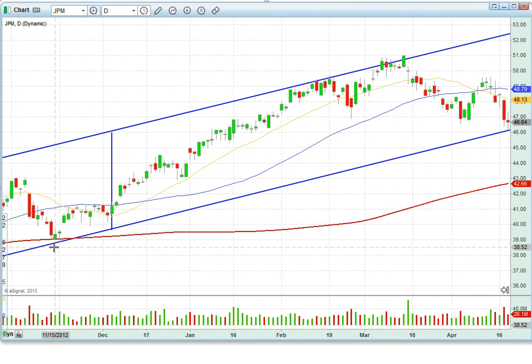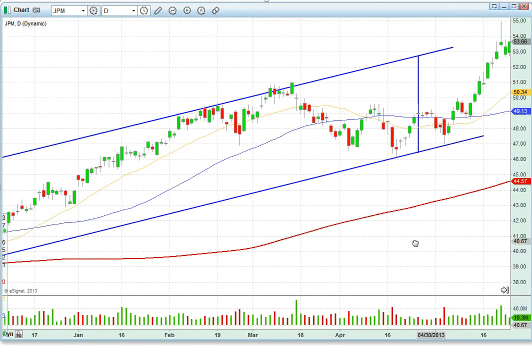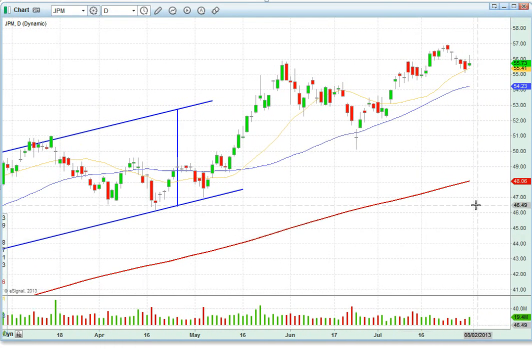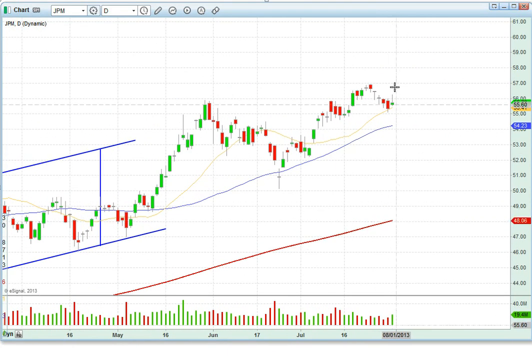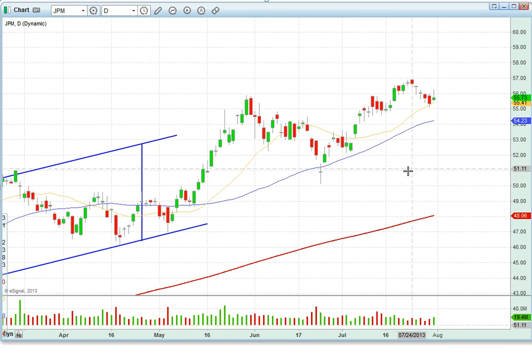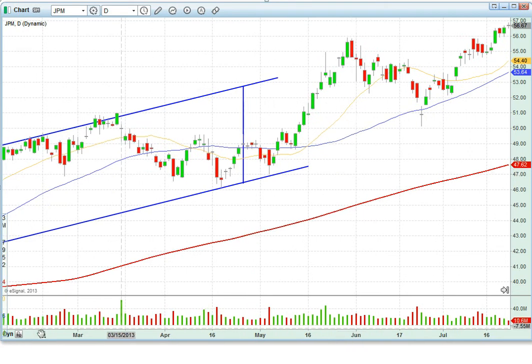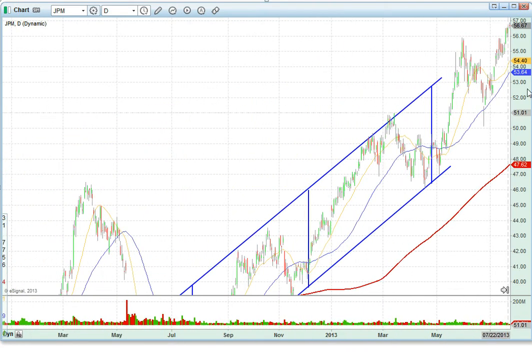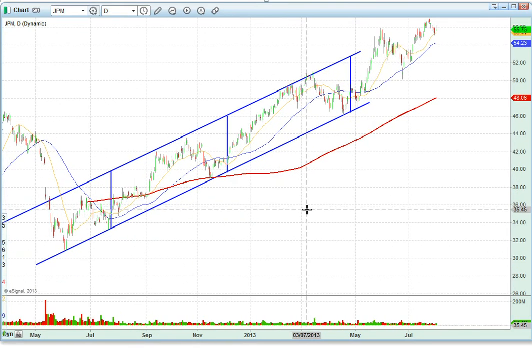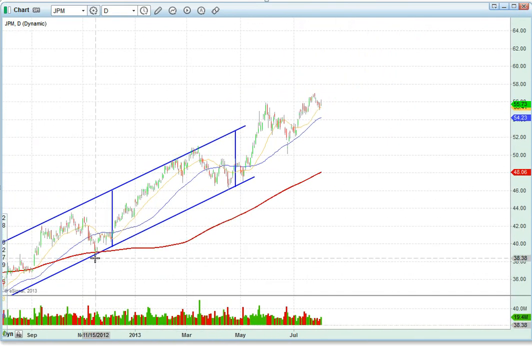And see what happened. In November 2012, we had support at the 200 MA, and let's follow the 200 MA. To this day, and it's July, almost August 2013, we haven't touched the 200 MA. So we've had this very, very strong rally off of the 200 MA, which started here.